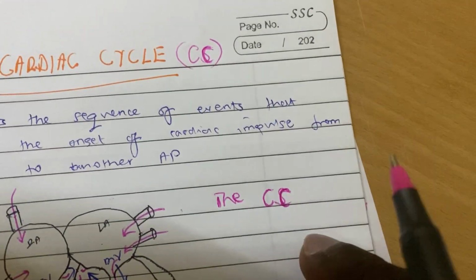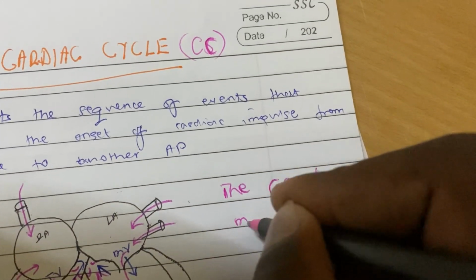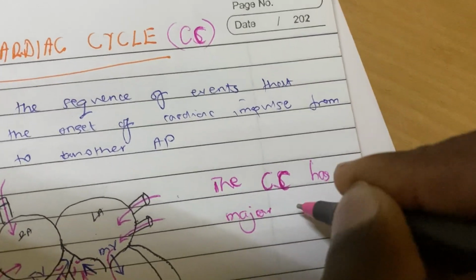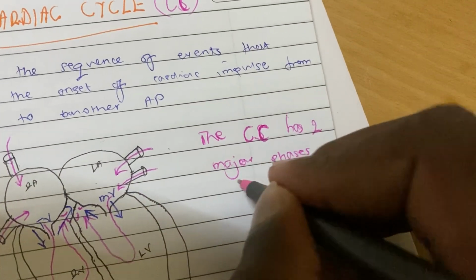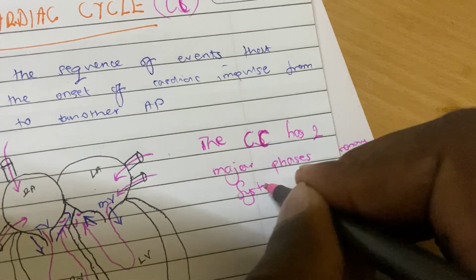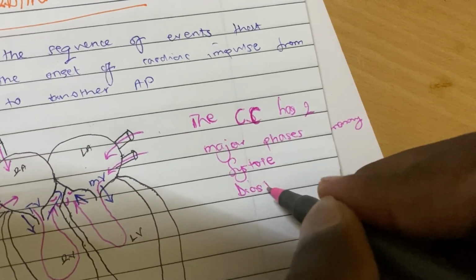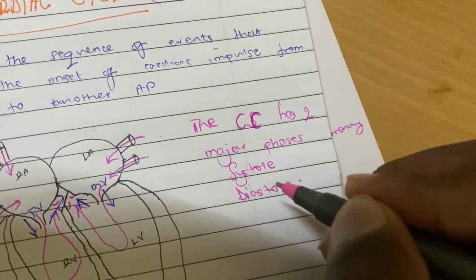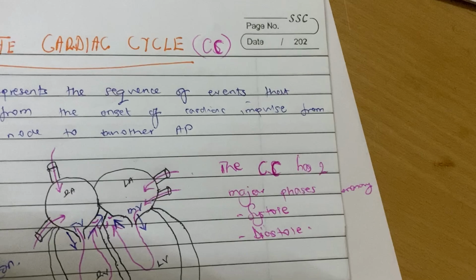The cardiac cycle has two major phases. One is systole, and then another one is diastole. Two major phases are there, systole and diastole.